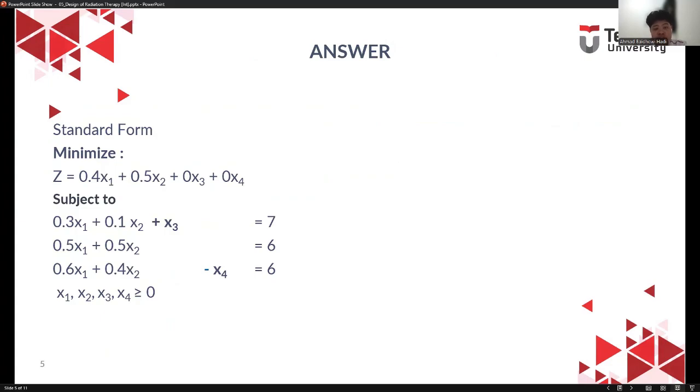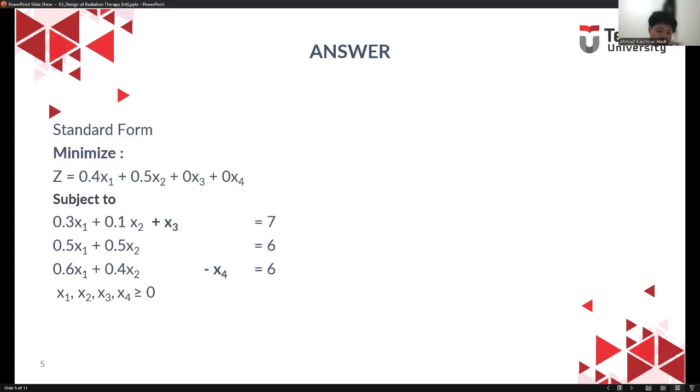Next, we convert the model into standard form by introducing slack and surplus variables to turn all inequalities into equalities. This step allows you to solve the model using the simplex method.